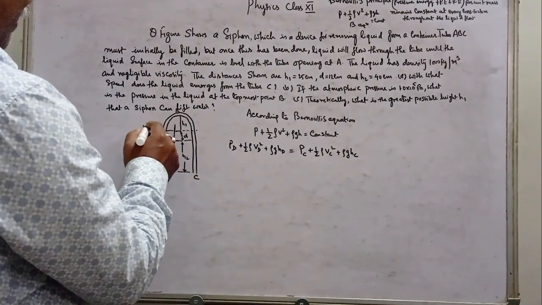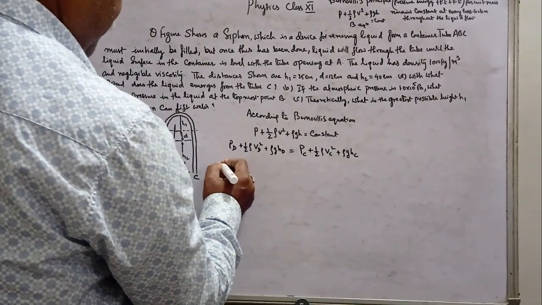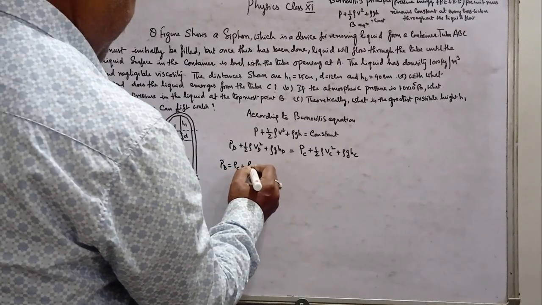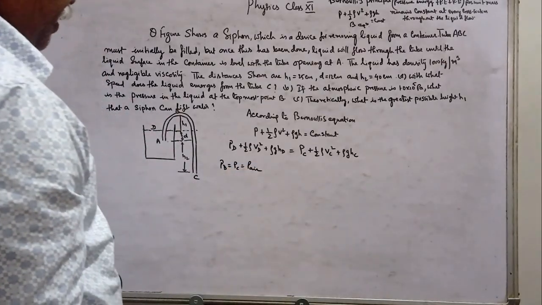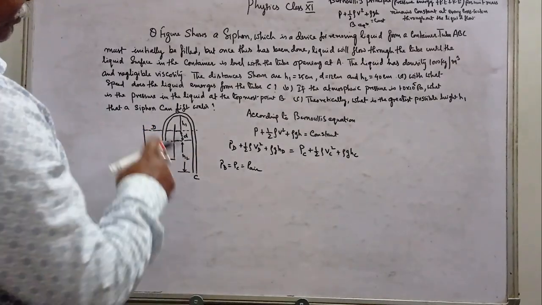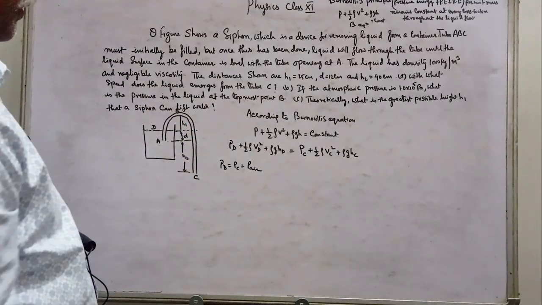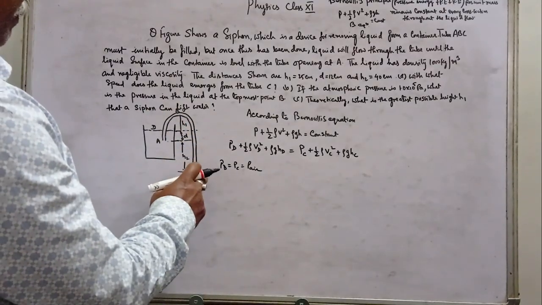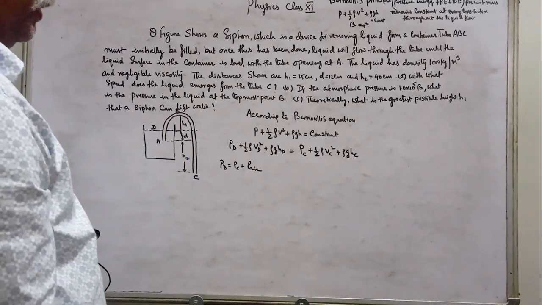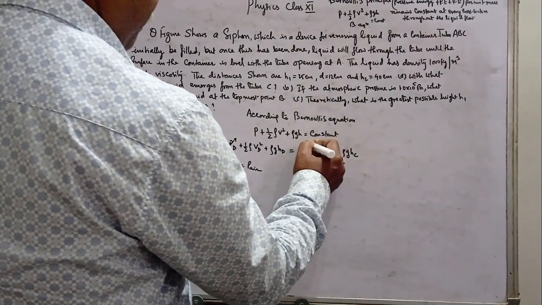Now here you see both are open to the atmosphere, so PD is equal to PC, which is equal to P air, the atmospheric pressure, because at both ends it is open to the atmosphere. So the pressures at D and C are the same, P air, and they cancel out.